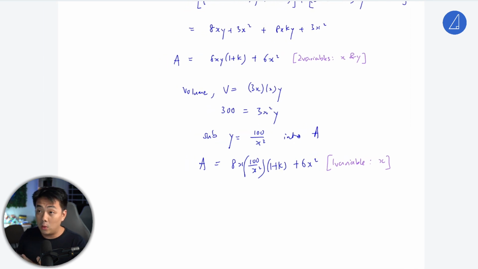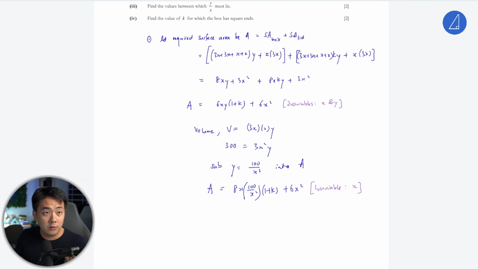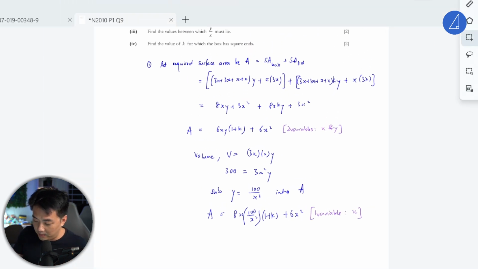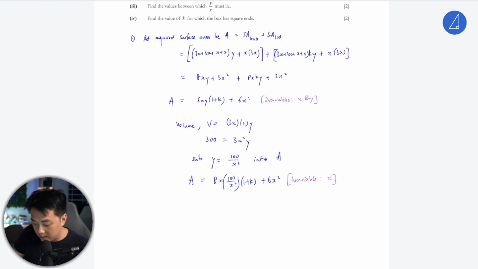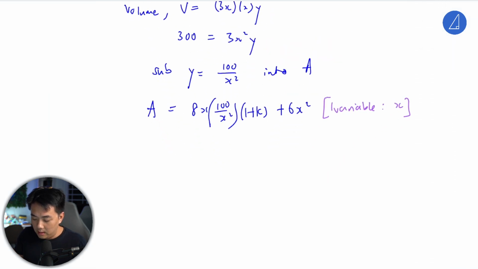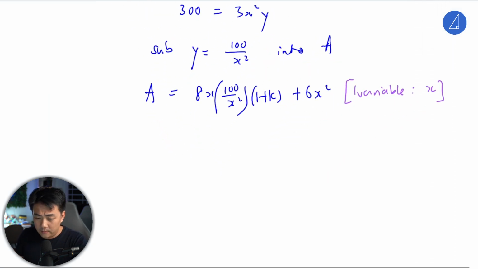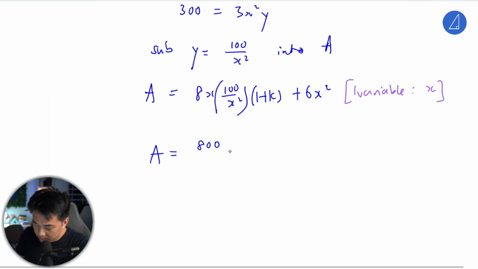That's our whole goal. So use a fixed condition, relate the two variables, and then replace them. And then what we're going to do is differentiate dA/dx. Simplifying, A will be 800(1 plus k) over x plus 6x squared.